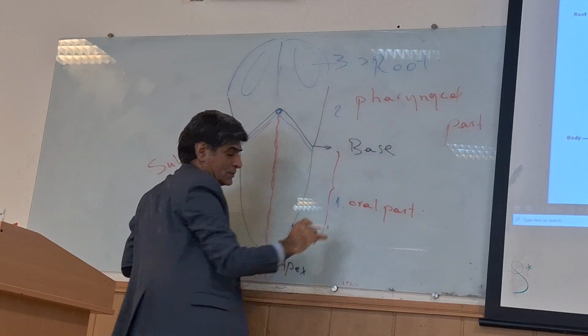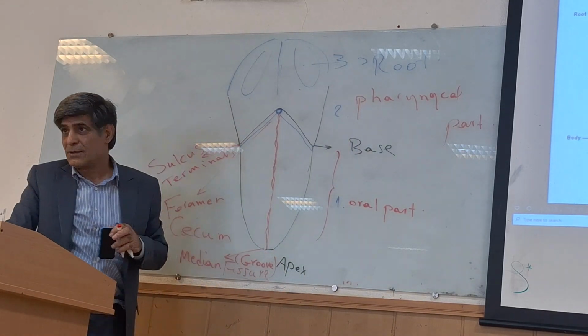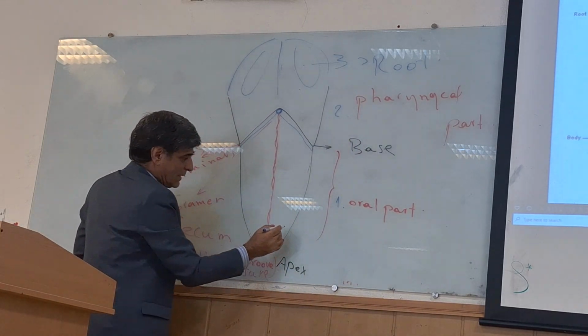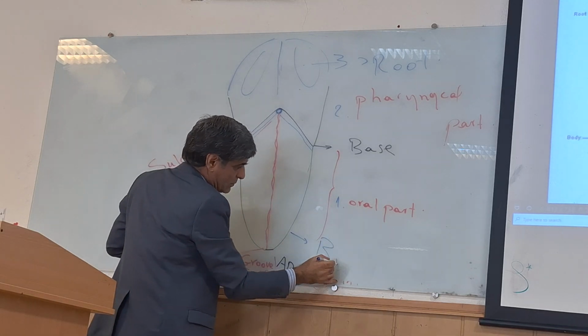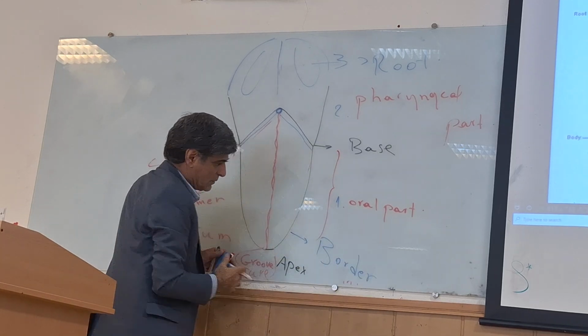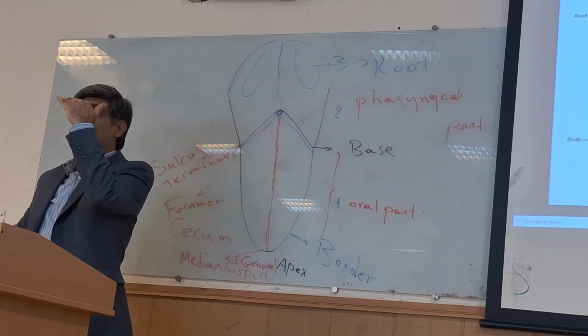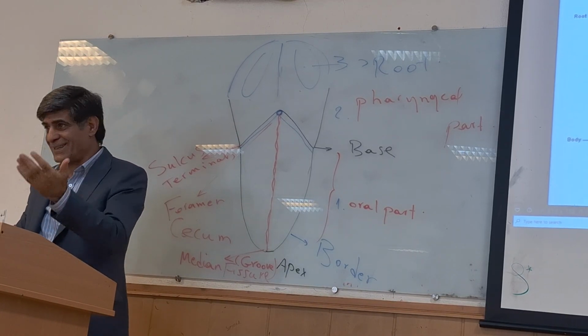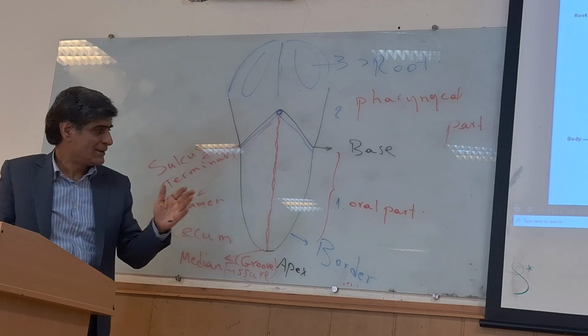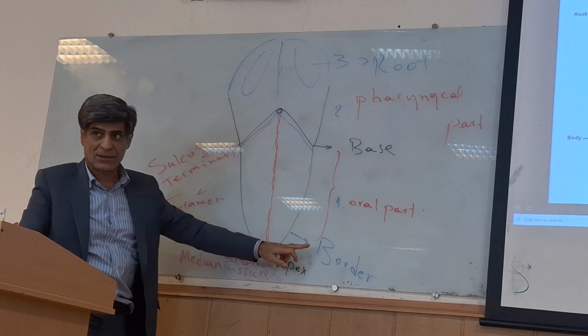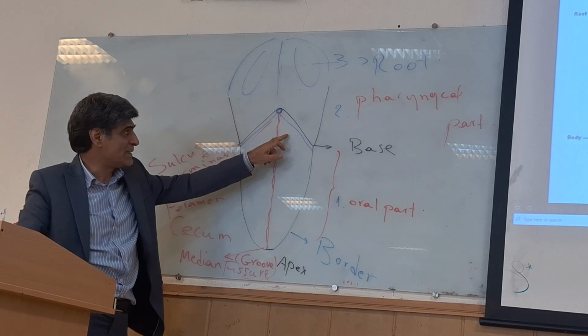Two borders, left and right border. Tongue contains two surfaces, dorsum, the upper part, and ventral, the lower part. And left and right border, apex and base.